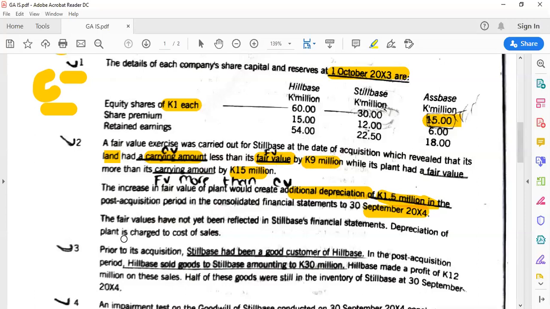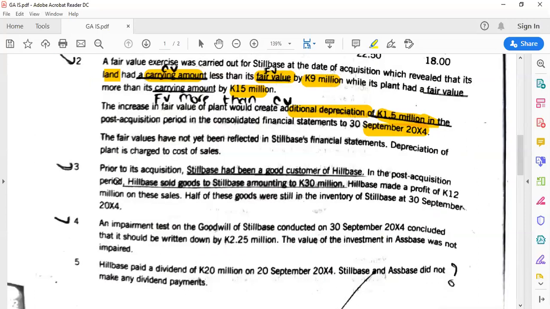Another note, note number 3, says, prior to its acquisition, Steelbase had been a good customer of Hubase in the post-acquisition period. Okay, see? Steelbase had been a good customer to Hubase. So here, the subsidiary is buying from the parent. Have you seen?